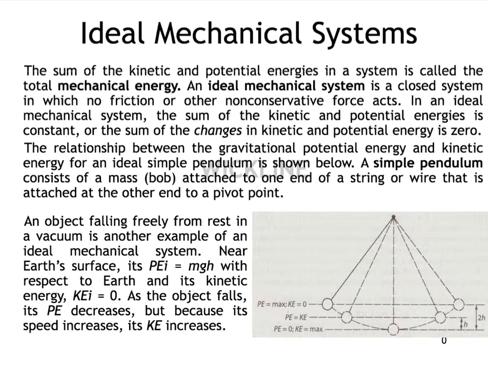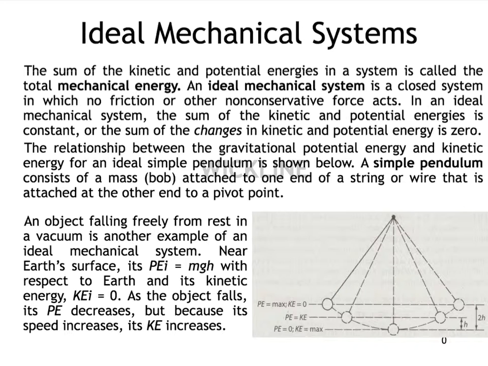Ideal mechanical systems are ones where you have a perfect conversion of potential energy into kinetic energy. An example of a mechanical system that could be considered ideal is a simple pendulum. We've talked about this in previous lessons, but basically, if you raise a pendulum above a height, you're giving it its maximum potential energy because it has its largest height when it's up here.